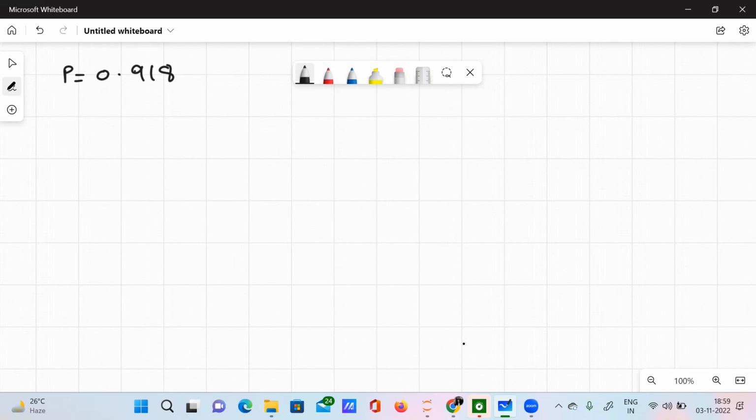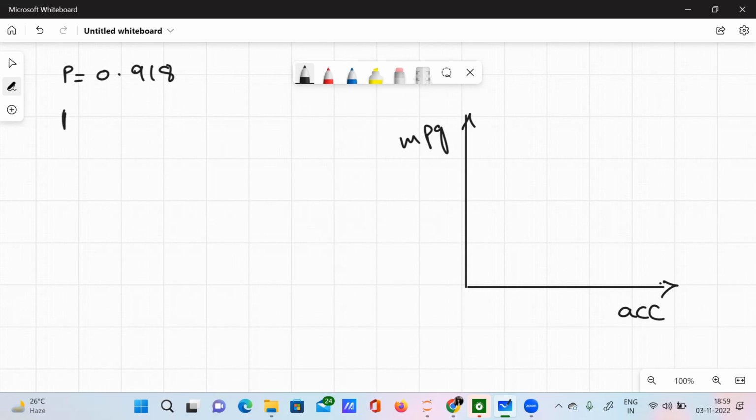When you plot the graph here, this is the acceleration variable, and this is the miles per gallon variable. It's showing the p value is greater than 0.05.